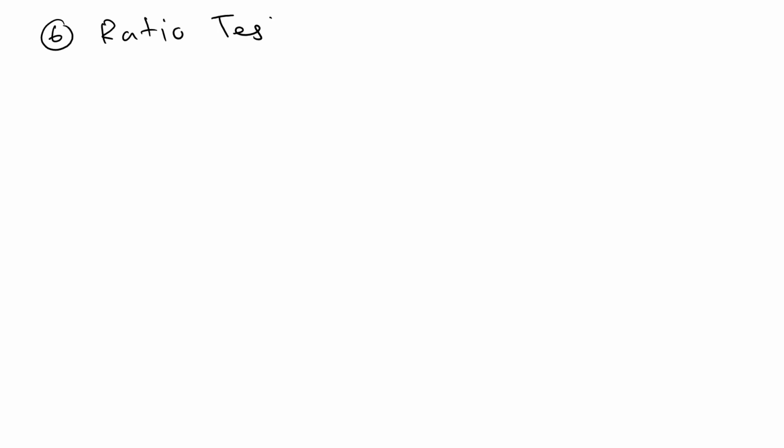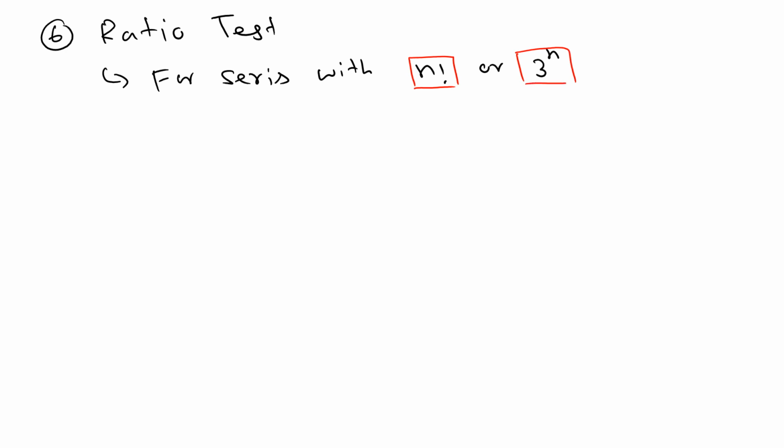The ratio test is typically used for series with terms like factorials or some constant to the n. It doesn't matter about the constant. Those are the two typical candidates. If you see a factorial or a constant to the n, we can use the ratio test.